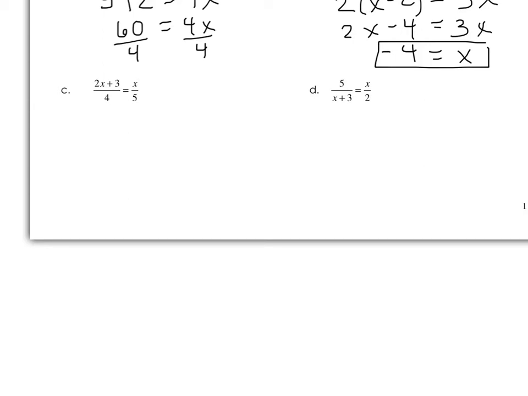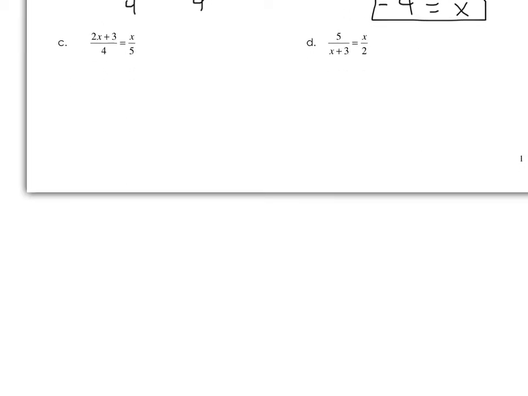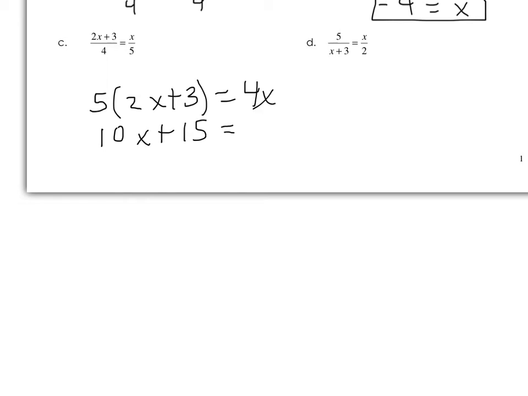Cross multiply for example C. 5 times 2x plus 3 equals 4x. 10x plus 15 equals 4x. Let's subtract 10x from both sides.